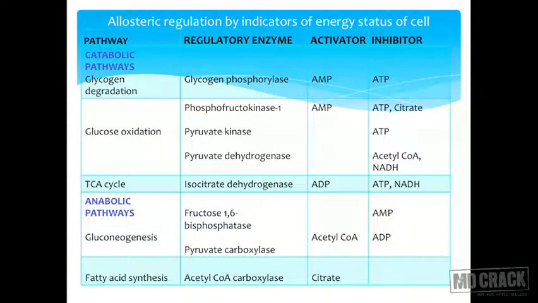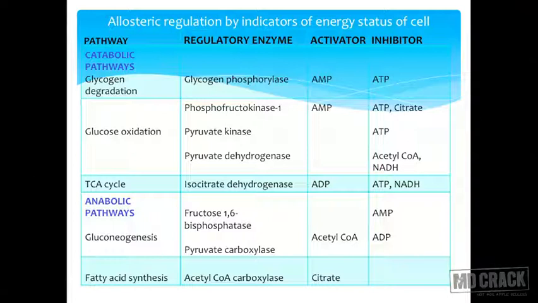Then the third level of regulation comes at the level of covalent modification, and this takes place by phosphorylation, dephosphorylation, again by hormonal action. So you have substrate availability, allosteric regulation happening within minutes to hours, covalent modification between hours to days, but more regulation is done by induction and repression, again by hormones, but this will take certain days to take effect.